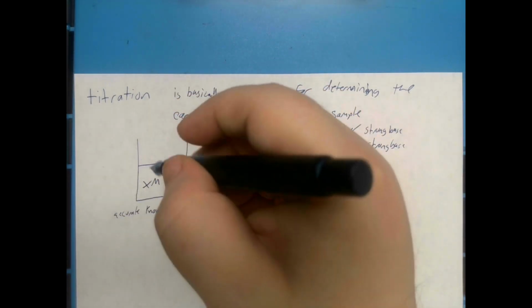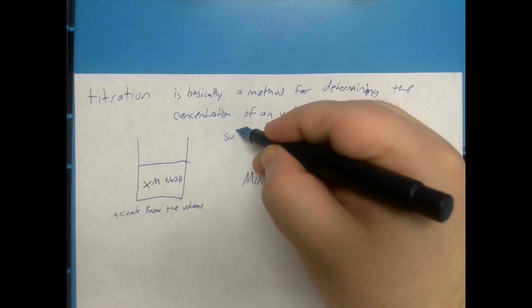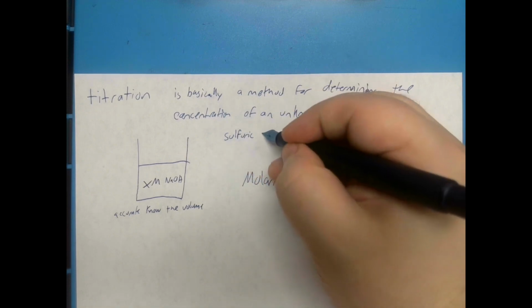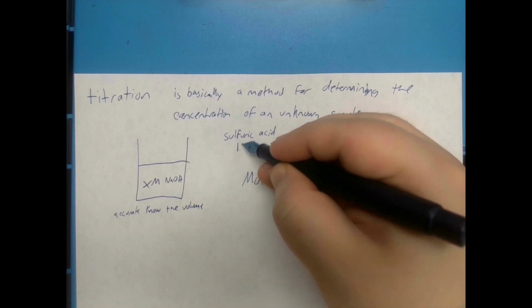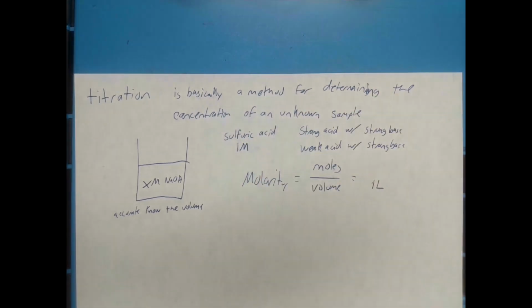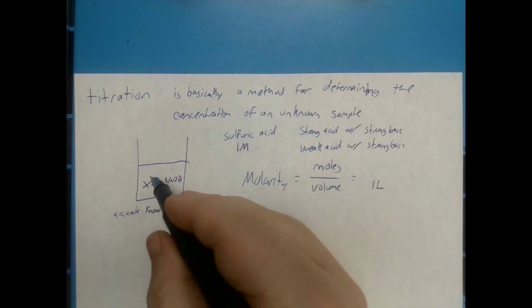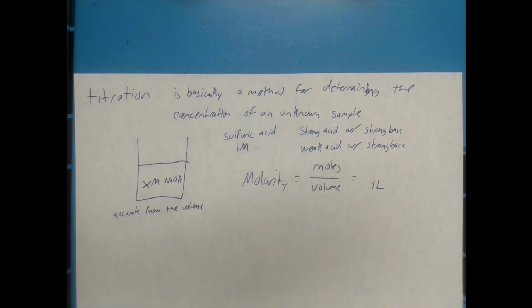So let's say we take some sulfuric acid and add it to this. And let's say our sulfuric acid we know is exactly 1 molar. How can we count how many moles of sodium hydroxide we have in this beaker?